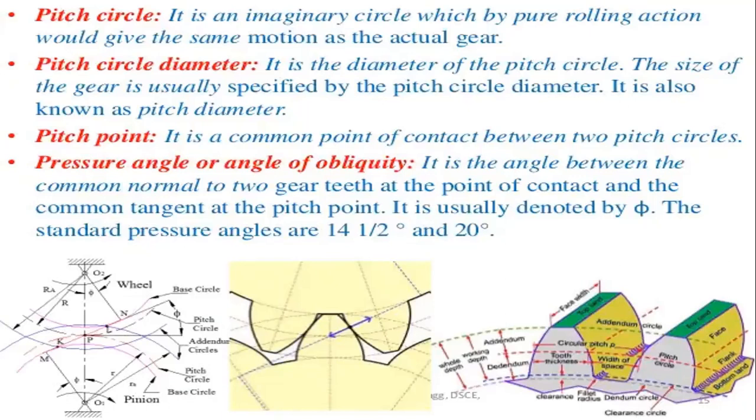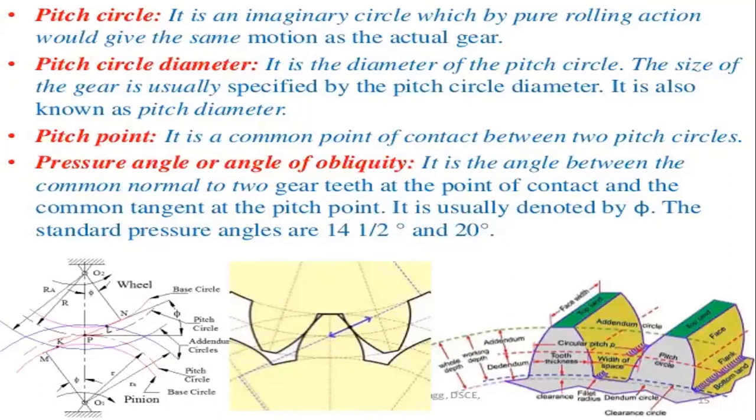The next one is the pitch point. It is a common point of contact between two pitch circles. This is the common point of contact between the two pitch circles.